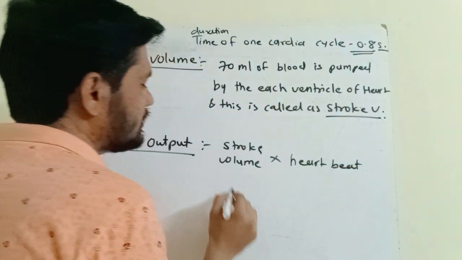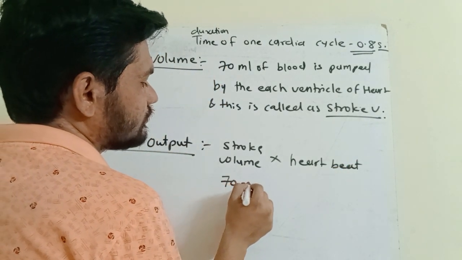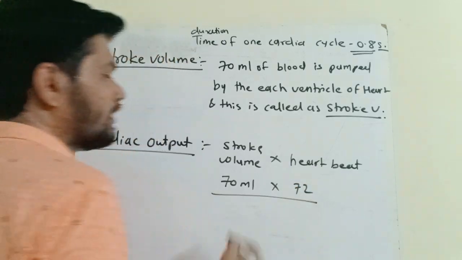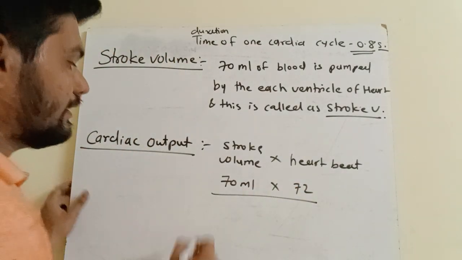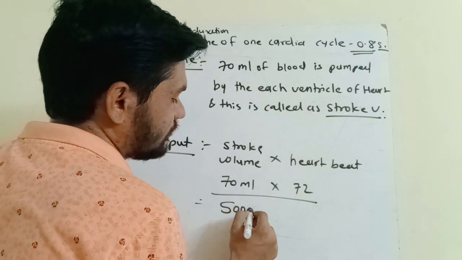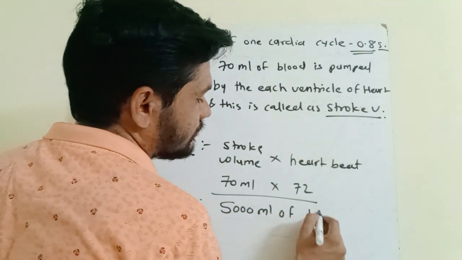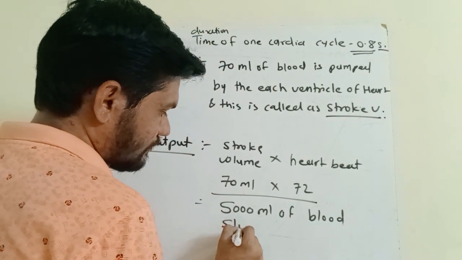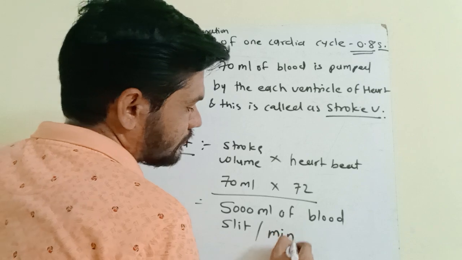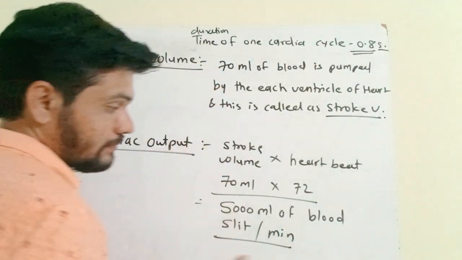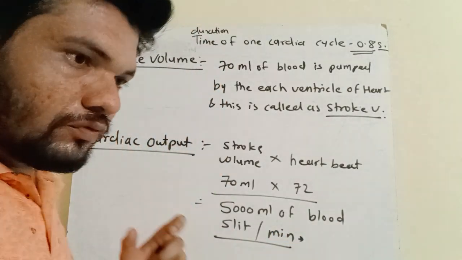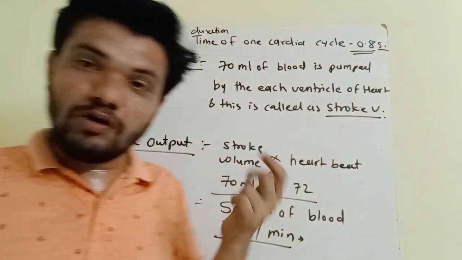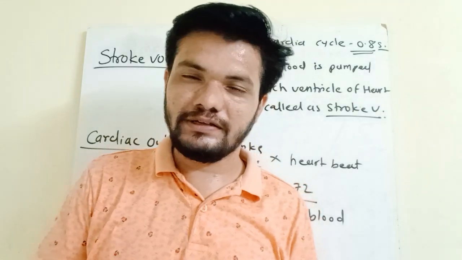Stroke volume is 70 ml, your heartbeat is 72. We multiply this, you will get around 5000 ml of blood, which means 5 liter per minute will be thrown out of each ventricle. So that is your cardiac output. This is the second thing you have to learn here.